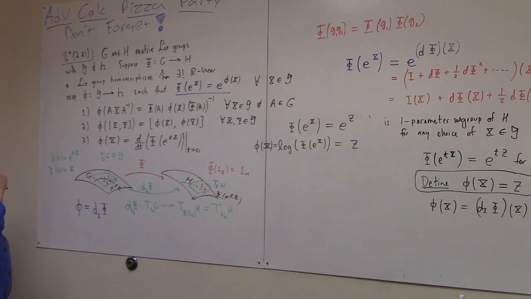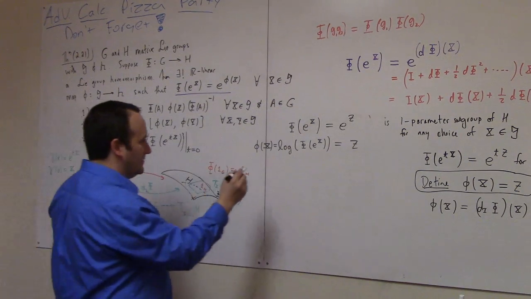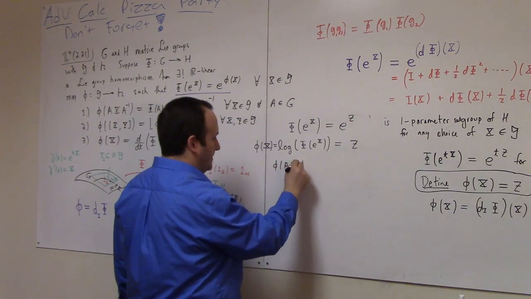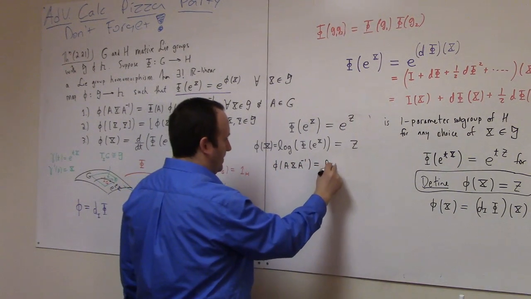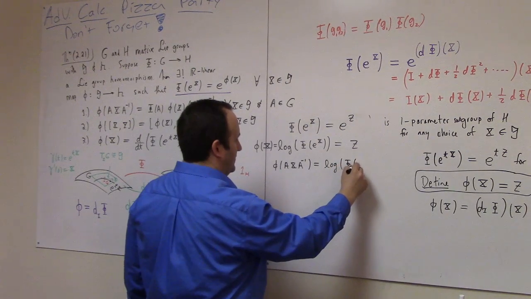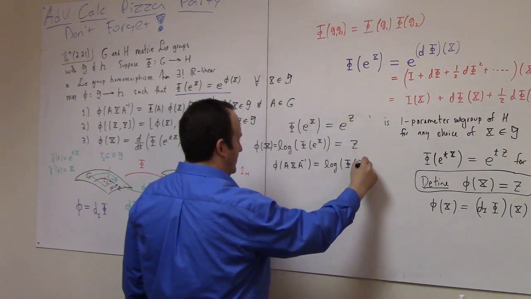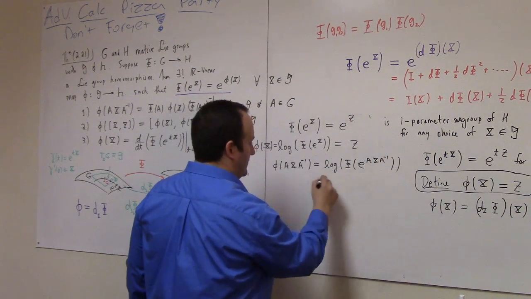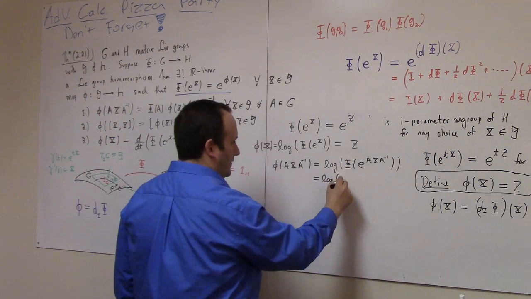Phi of a x a inverse. Is there any hope for that? Isn't there a property of the matrix log that says something like that? Well, I guess we do have that you can take the a's out of the exponential.